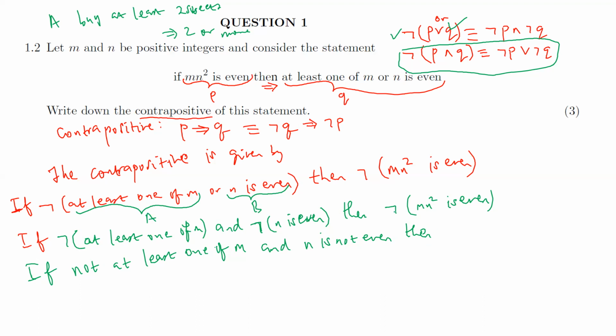Then now you come here and say not mn squared is even. So we are saying mn squared is even and need to negate that. So this means obviously mn squared is not even. Okay, this will be one way to negate the statement.